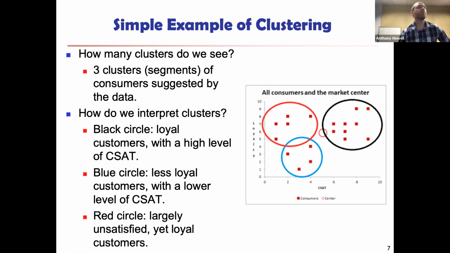So you would want to figure out more information about what makes them unsatisfied. Whereas these guys are very disloyal and dissatisfied. They may be someone you want to target, but in priority, you probably want to target the red circle first.